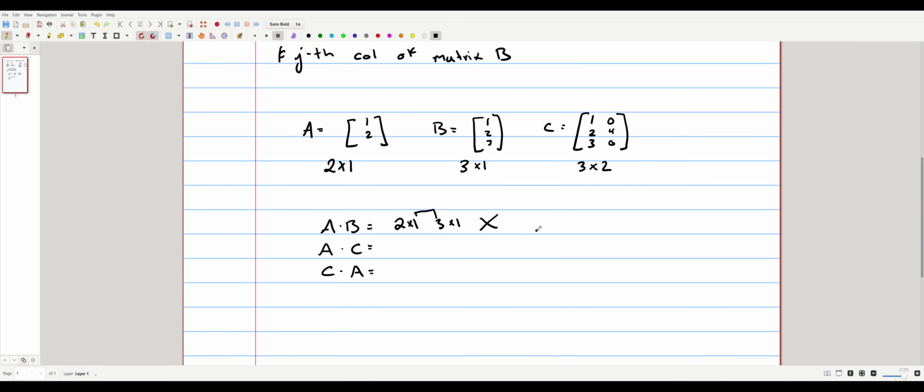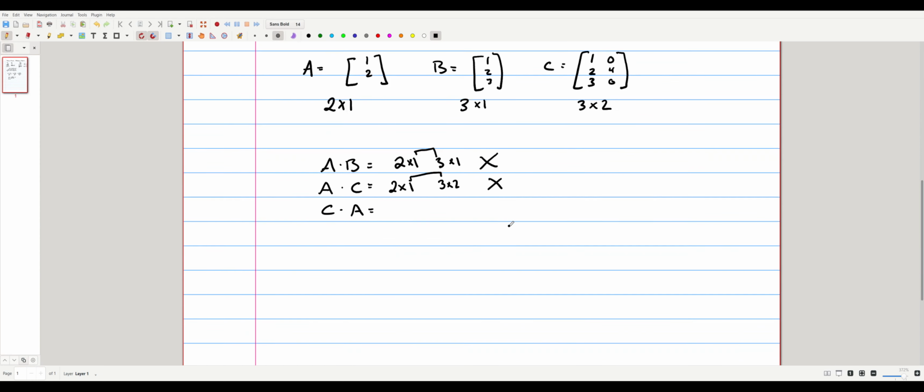Likewise, for A times C, you have a 2 by 1 times a 3 by 2. And once again, the interior numbers don't match. The columns of matrix A do not match the rows of matrix C. And so this is also not a valid product.